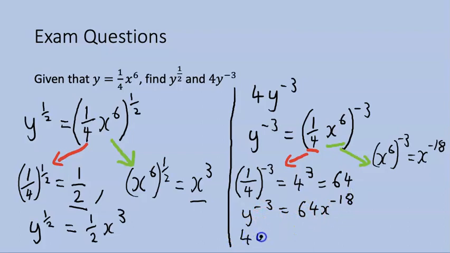So 4y to the minus 3 means I just multiply this whole thing by 4. 64 times 4 is going to give me 256. And then I'll write x to the minus 18. And that exam question is done.